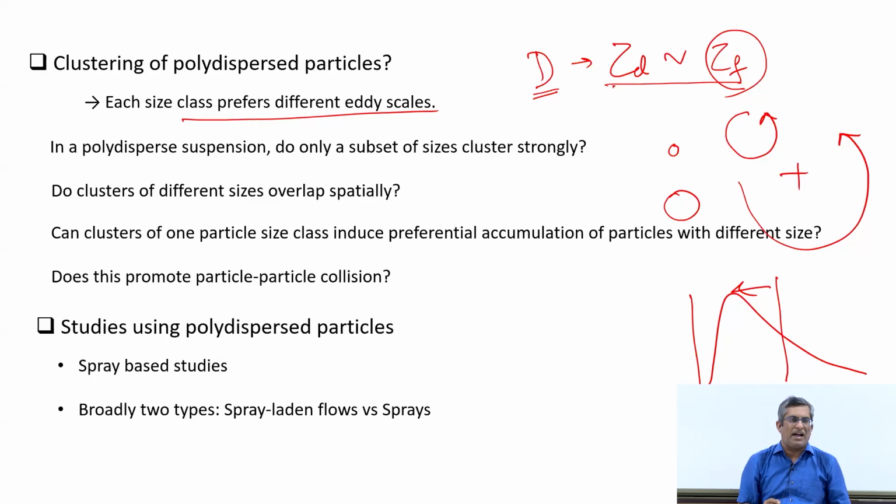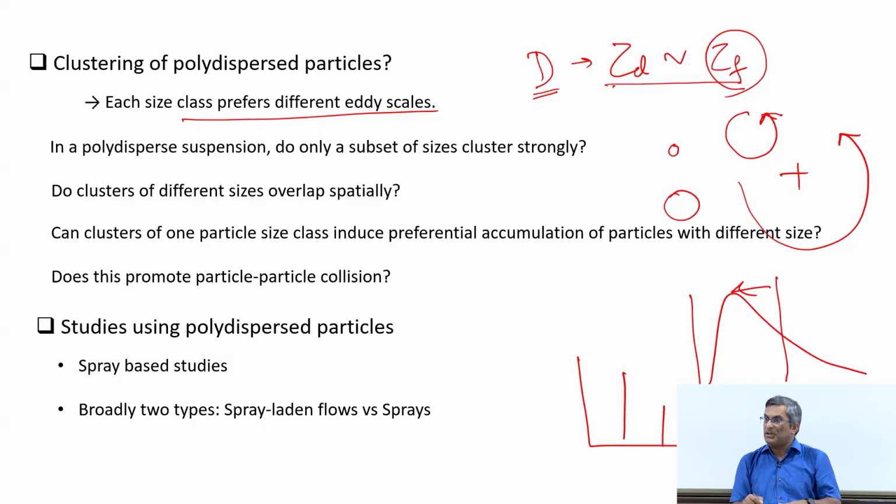Let us say I have a bidispersed distribution, that is, I have the size distribution like this. Only two sizes are present, and we know the eddy size for which they will cluster. Now, if we have them together, do we expect the clusters' size also to be bidispersed? Does this mean that we will have two different kinds of clusters, one corresponding to this and the other corresponding to this? This means that it is a superposition of the effect.